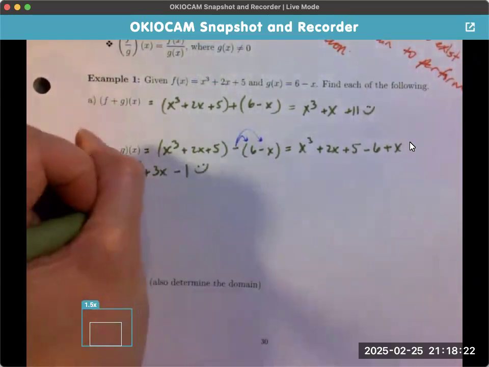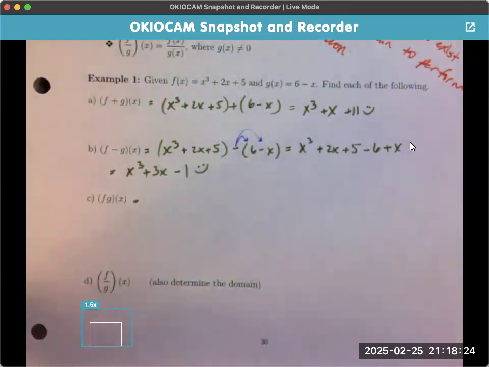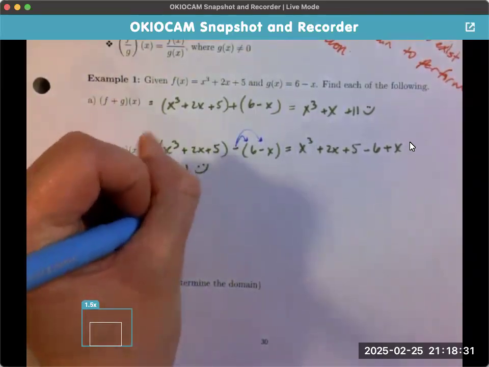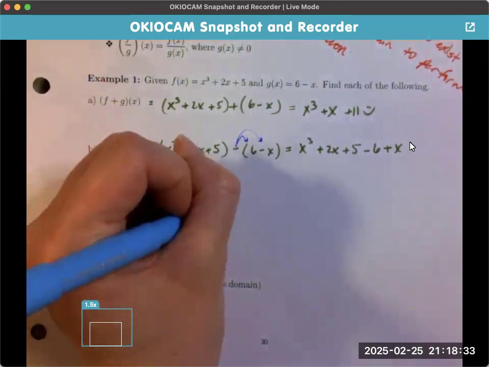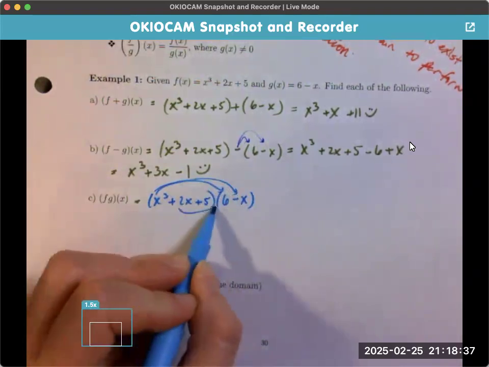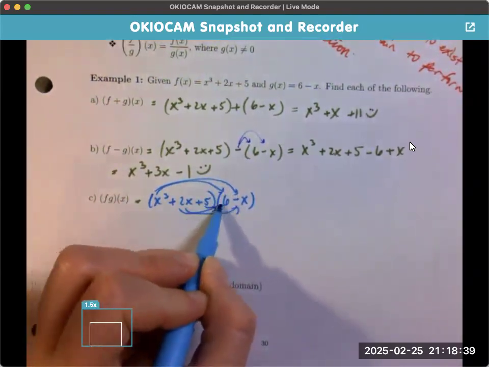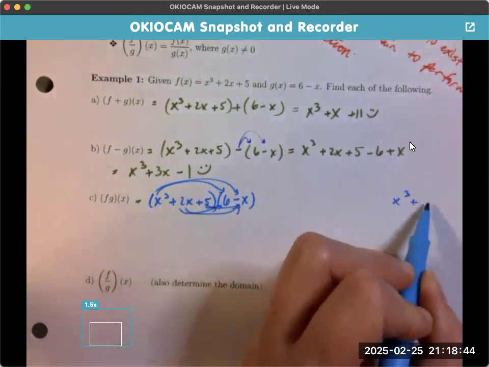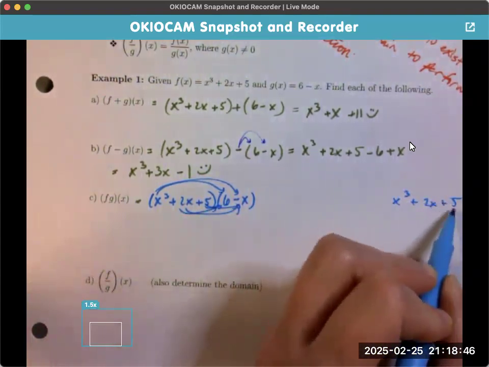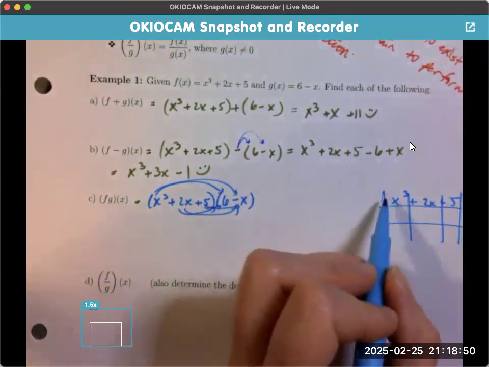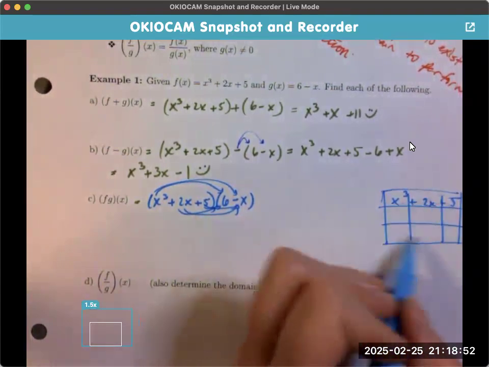Now here, let me change colors and just break it up a little bit. We're just multiplying the two together. So this is x cubed plus 2x plus 5 times 6 minus x. So you can distribute, and more distribution, or you can do the box method. x cubed plus 2x plus 5. So you have 3, what am I trying to say?